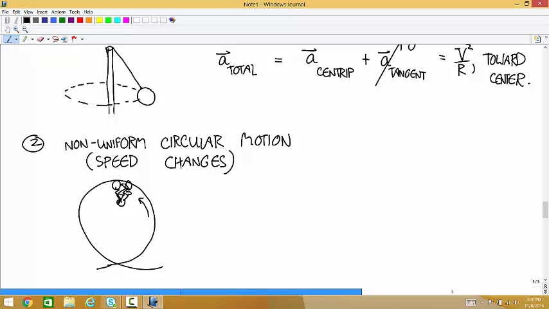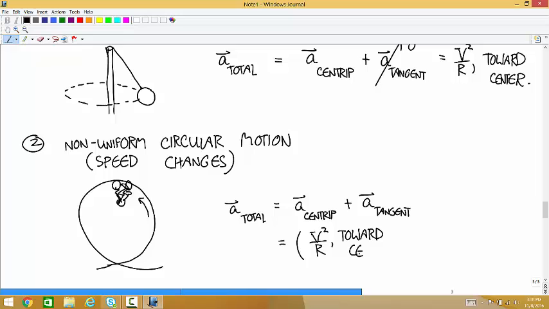And in this case, A total is equal to A centripetal plus A tangential. We'll talk about how to calculate A tangential later, but what this says is that the total acceleration is equal to v squared over r toward the center plus A tangential.